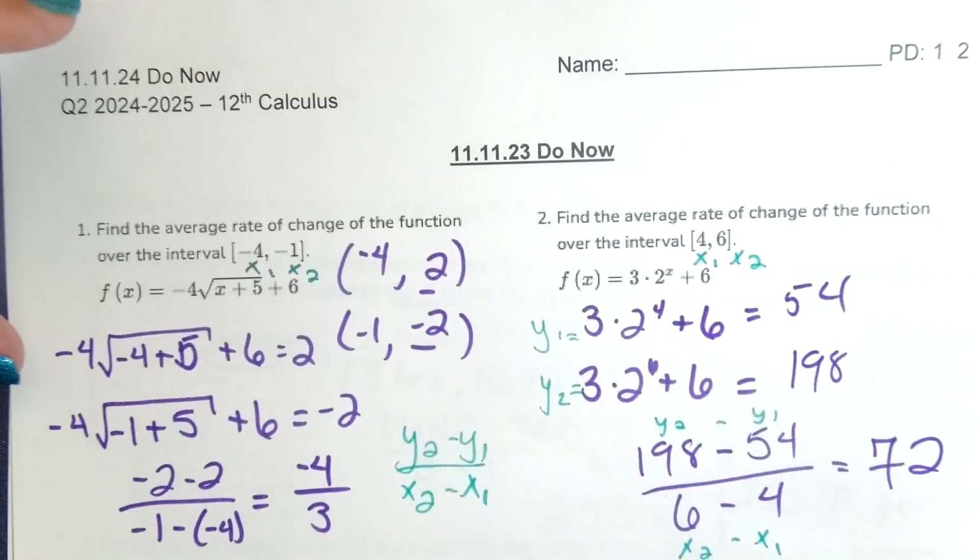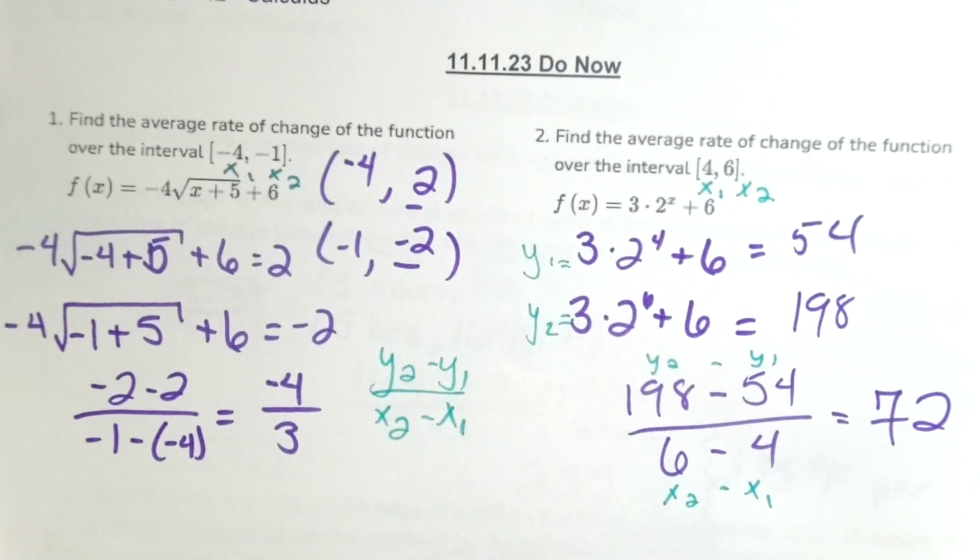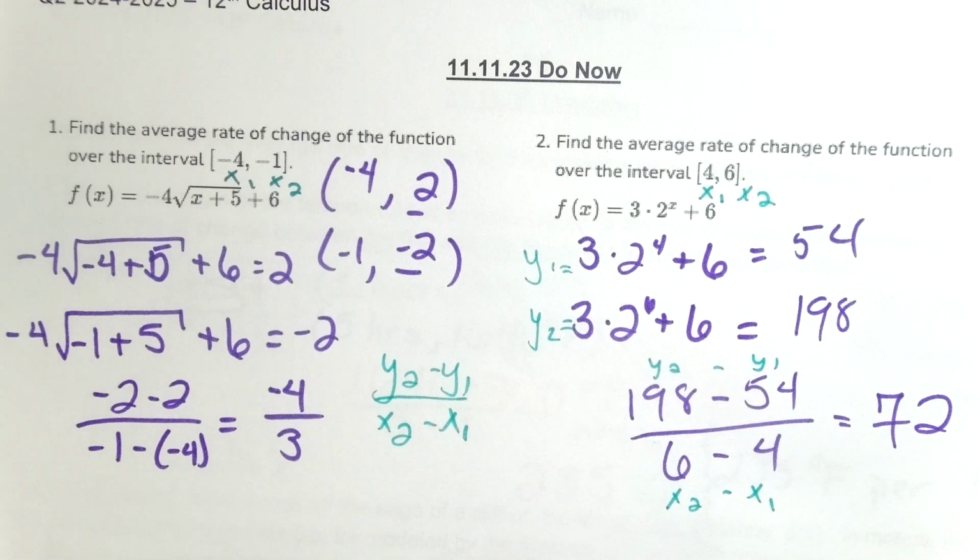Some of us forgot how to do that. And then I just used what to find the rate of change? What do I use to find the rate of change? I use something.